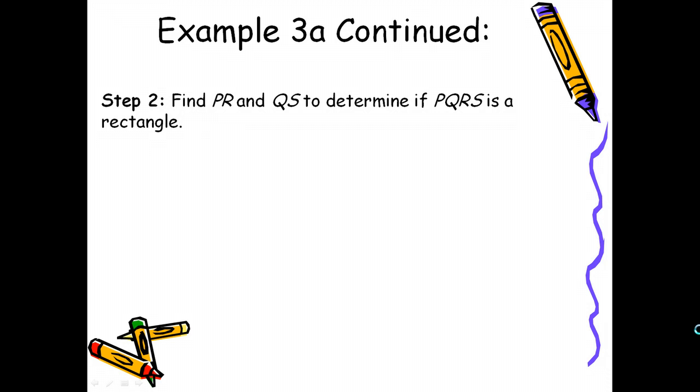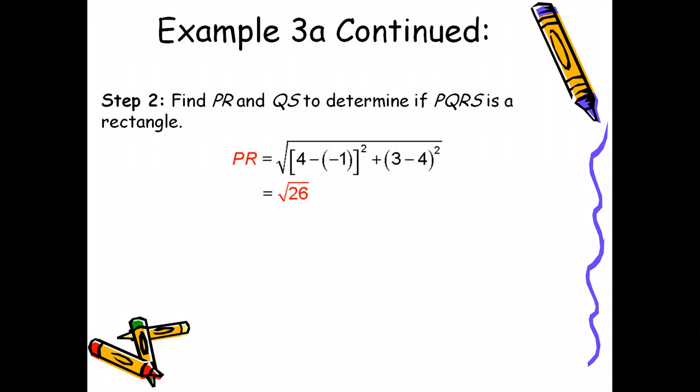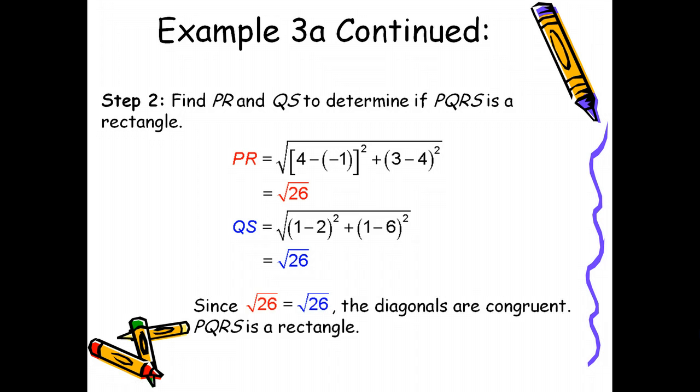Step 2, we want to find PR and QS to determine if PQRS is a rectangle. So the distance formula tells us that PR equals the square root of 26 and QS equals the square root of 26. Since the square root of 26 is equal to the square root of 26, the diagonals are congruent. PQRS is a rectangle.